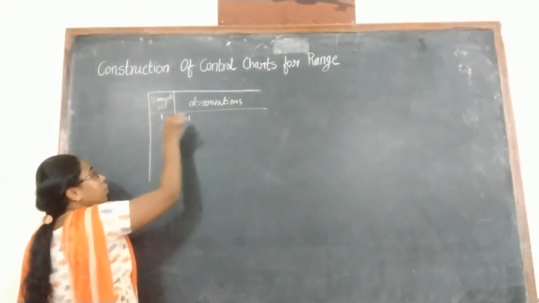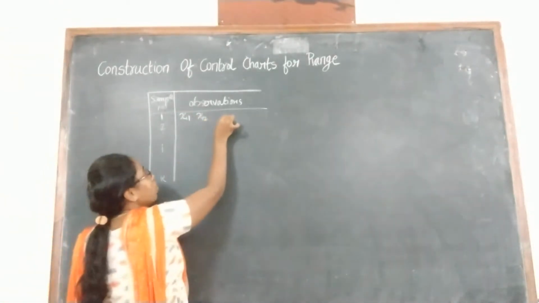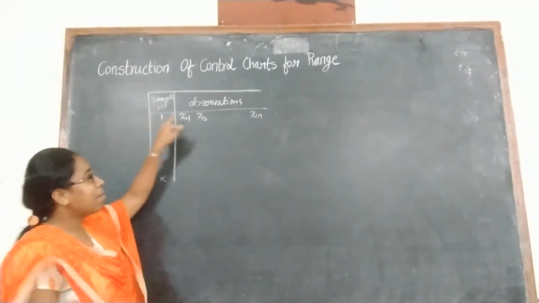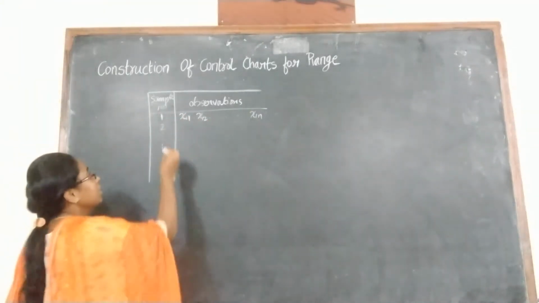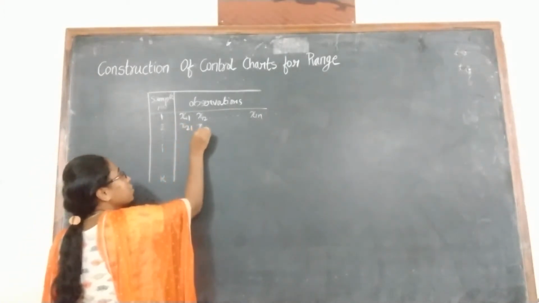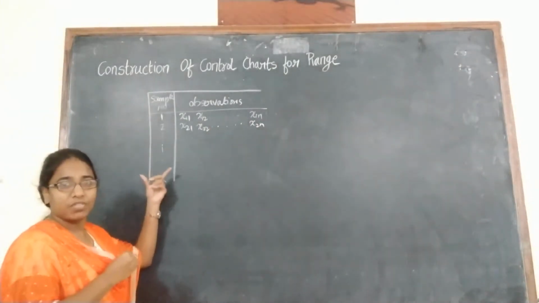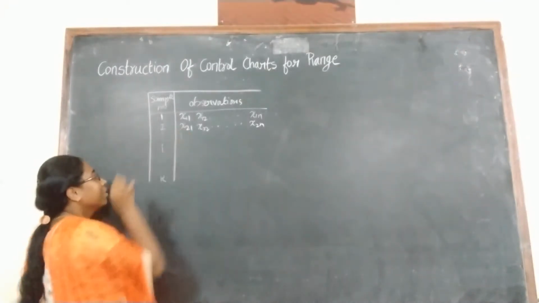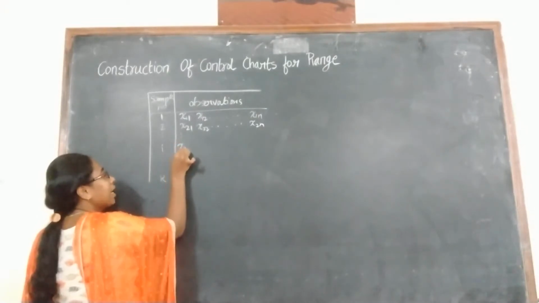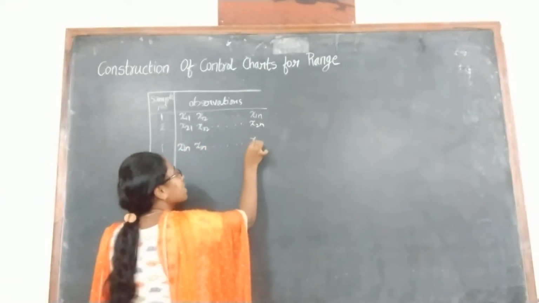Suppose x11 is the first observation, next x12 is the second observation, so on up to x1n. So in the first sample we will have n observations. Next in the second sample, that is x21, x22, so on x2n. These are the observations of the second sample. Similarly, for the ith sample, the observations will be xi1, xi2, so on xin.